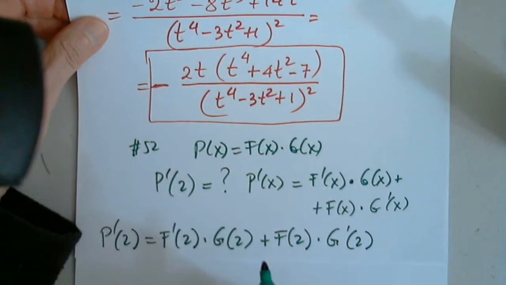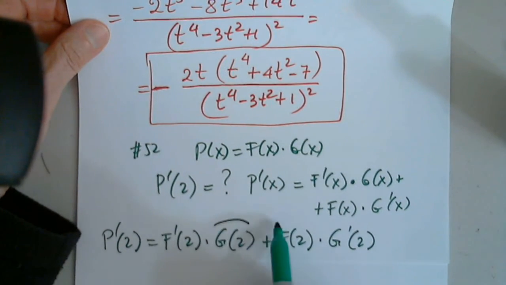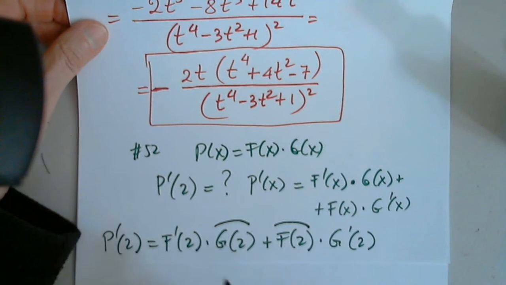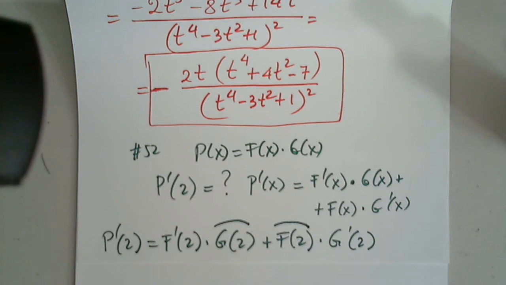So let's start by looking at the graph and determining f of 2 and g of 2. I'm going to share. Okay, so g of 2. Can anyone give us g of 2? And I will put it in.